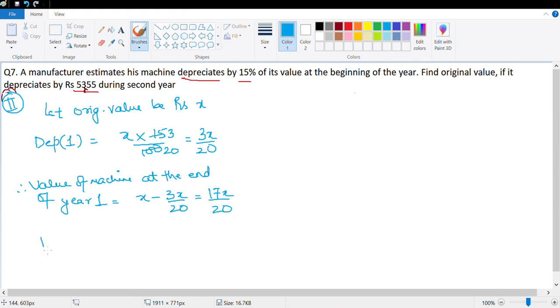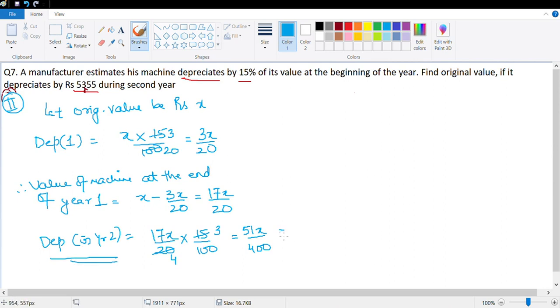Next, depreciation in year 2 would be value of the machine, which is 17x upon 20 into 15%, which is 15 upon 100. So this is 5 into 3, 5 into 4, which is 17 into 3, 51x upon 400. And depreciation in year 2 is given equal to 5355.